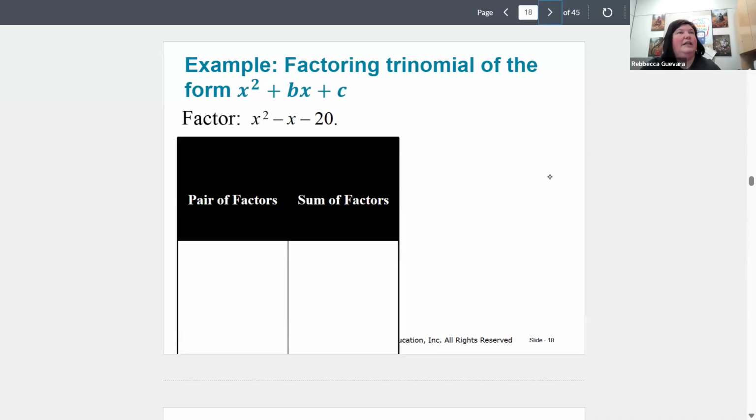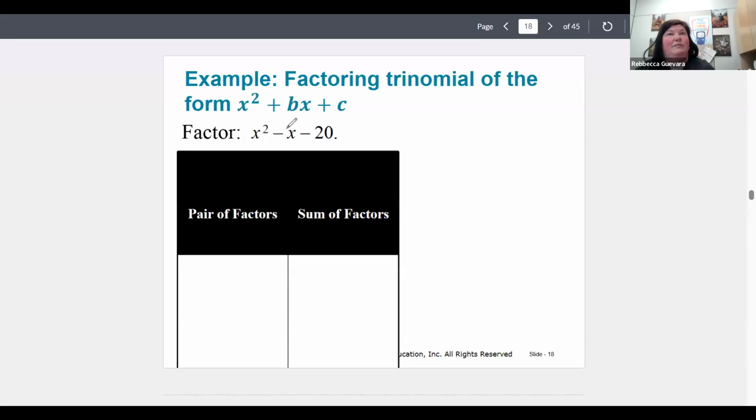All right, so we're going to look at this case here. We have x squared minus x minus 20. So remember, there's an invisible 1 here. We need two factors, a p and a q, that multiply to give me the last term, that negative 20. And we need that p and q to be added together to give us this minus 1.